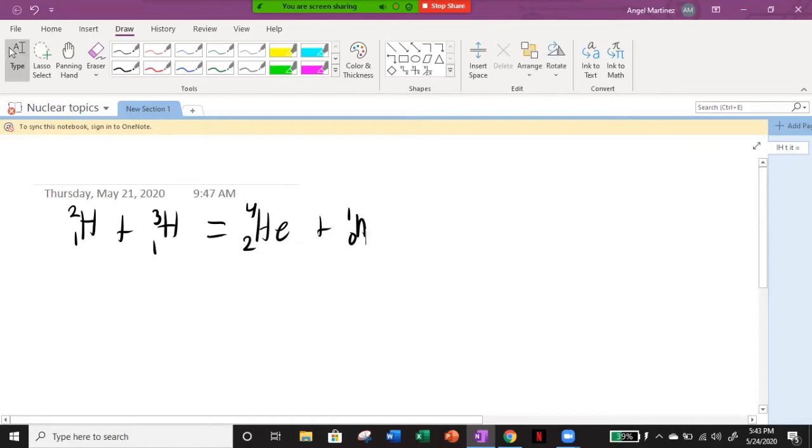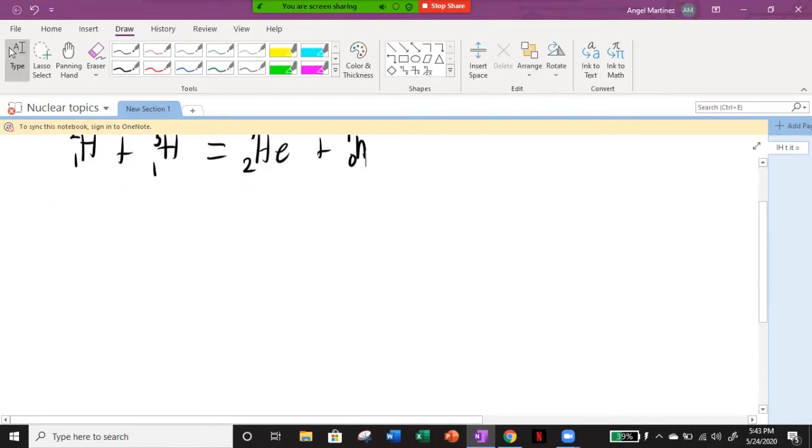All right. So this is what happens. So we're going to have H2, and it combines with the H3 to make the helium.